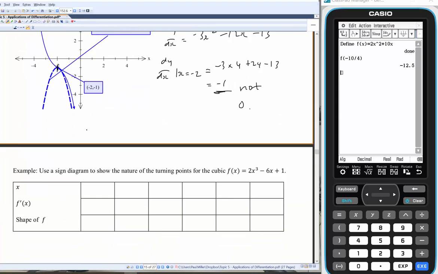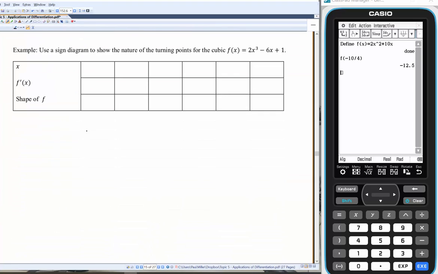Okay, so on to sign diagrams, and these can be really useful for unfamiliar functions. For familiar functions, you should be able to do it pretty much by guess and check, but for unfamiliar functions, a sign diagram can be really helpful.